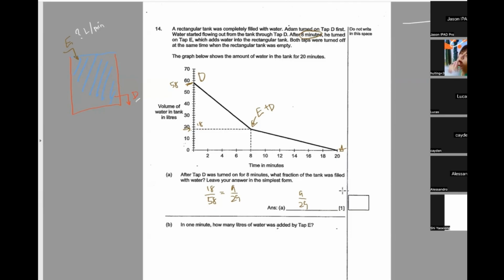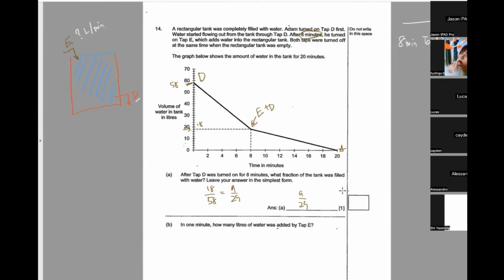Now we know that for 8 minutes, the volume of water that tap D drains out, from 58 to 18, is 40 liters of water.